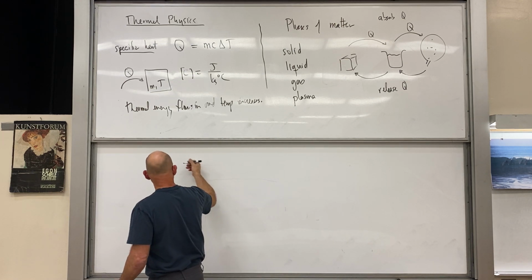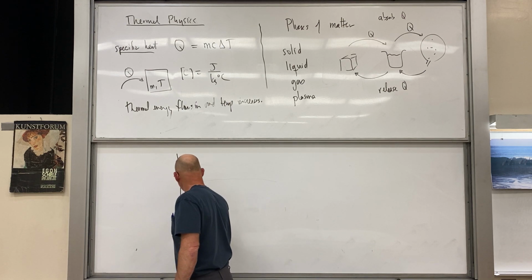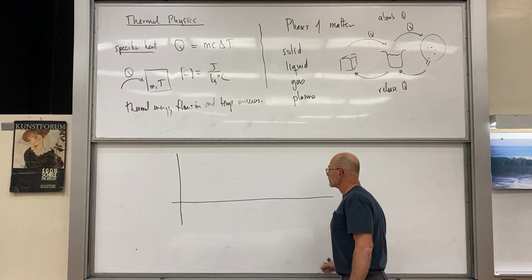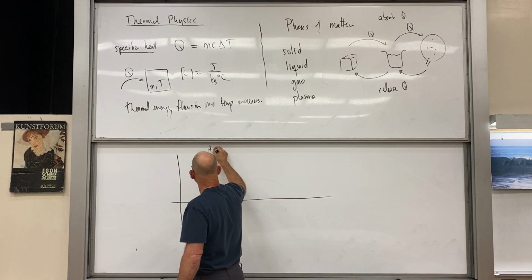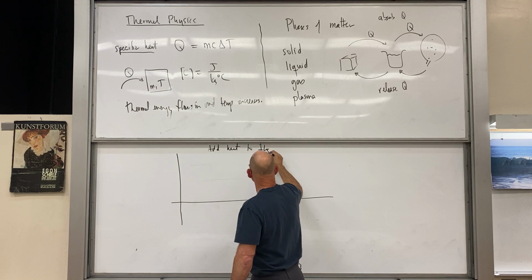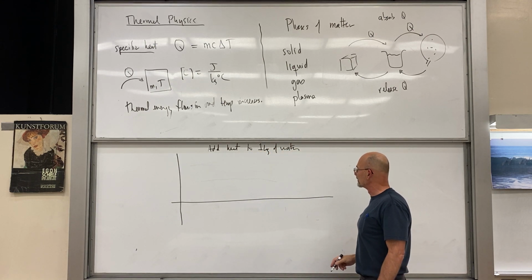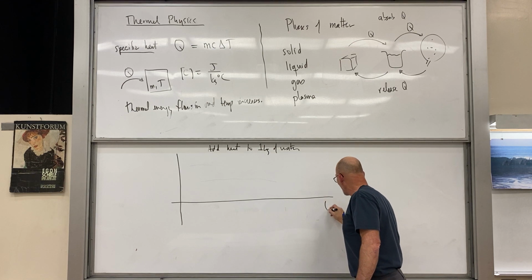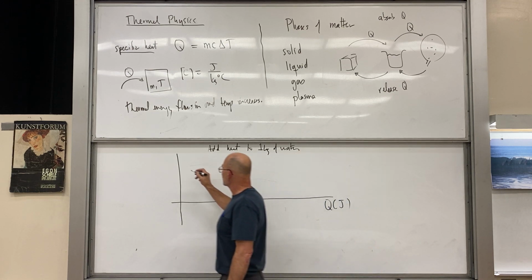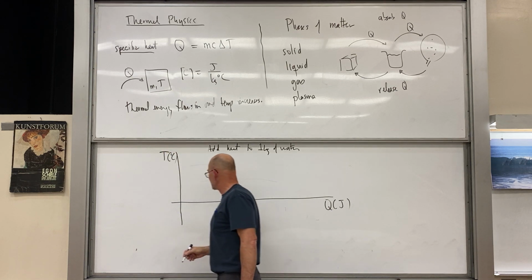So here's a big half-page graph. This one's good to do sufficiently large. Go like this. And we'll call it add heat to 1 kilogram of water. Although the amount of water there doesn't really matter. So here we're adding thermal energy in joules, and here we're registering the temperature, say in degrees Celsius.